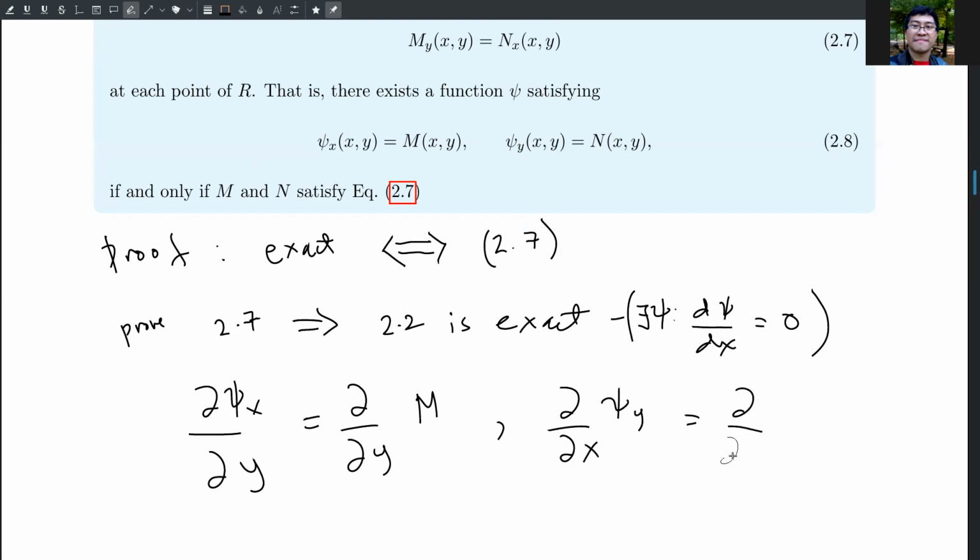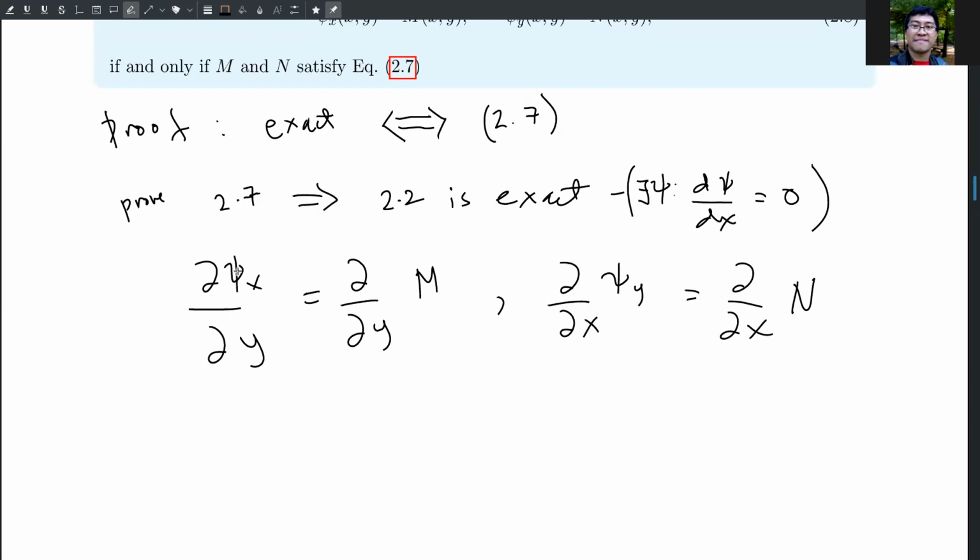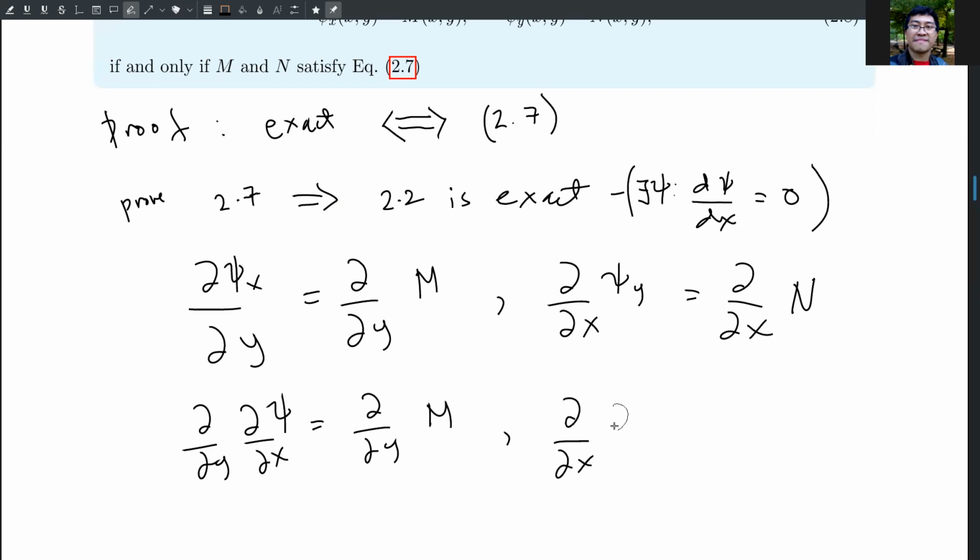Here psi x can be written as partial y of partial derivative of psi with respect to x, that's partial y of m. Similarly, we can write partial derivative of x, partial derivative of y, psi.